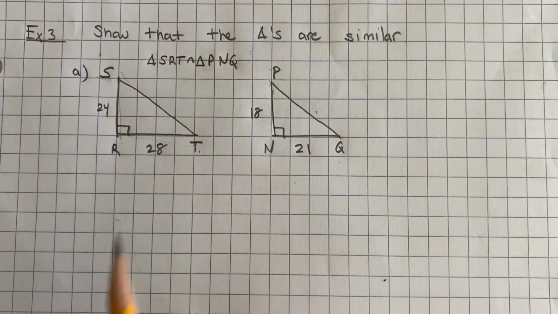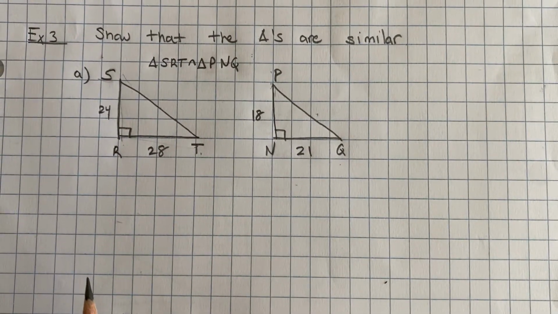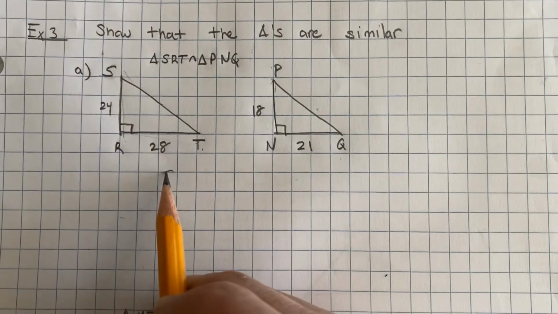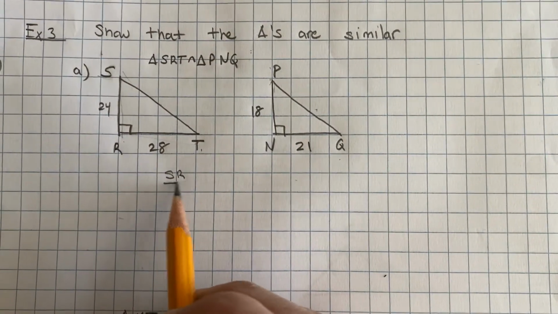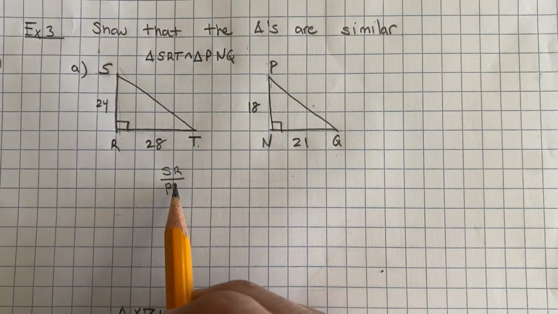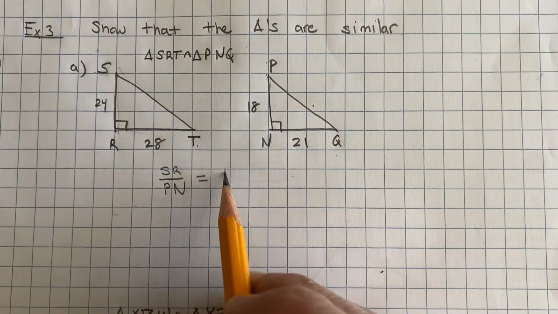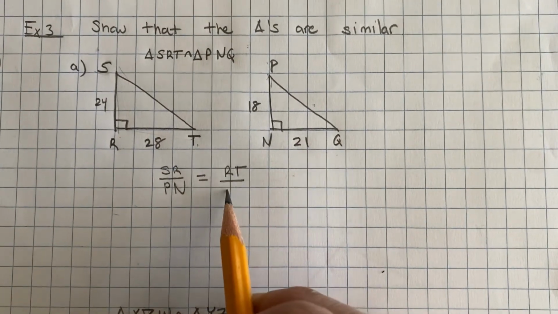And later on, when we go on to chapter 9, we will go over the Pythagorean theorem. So let's see if the ratio of SR to PN is equal to the ratio of RT to NQ.